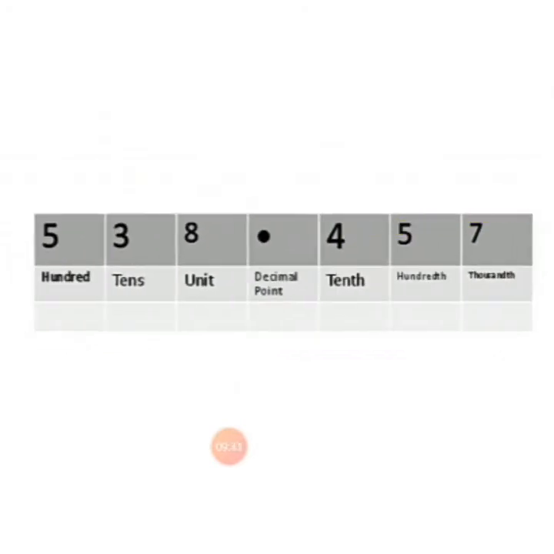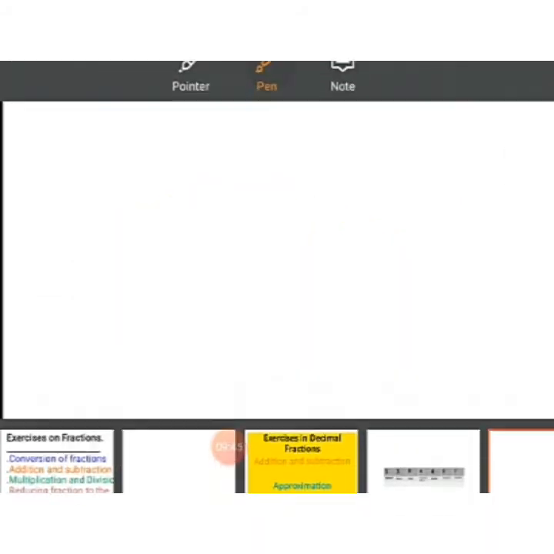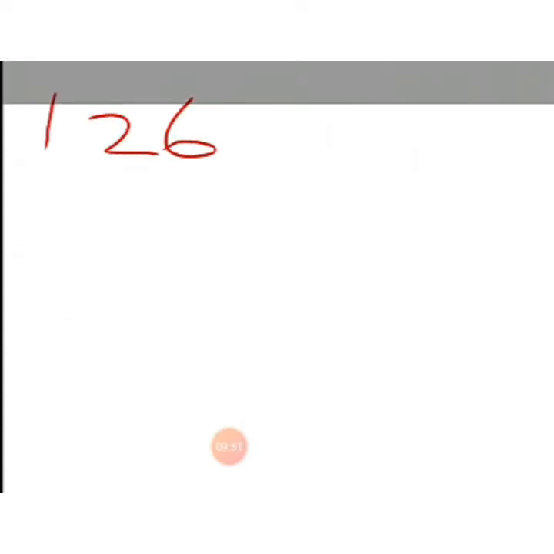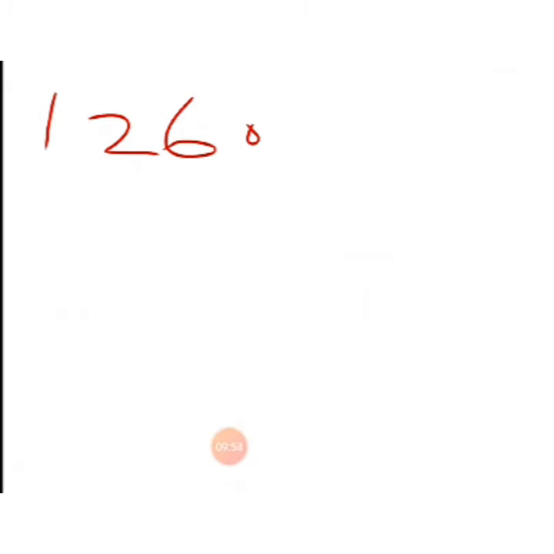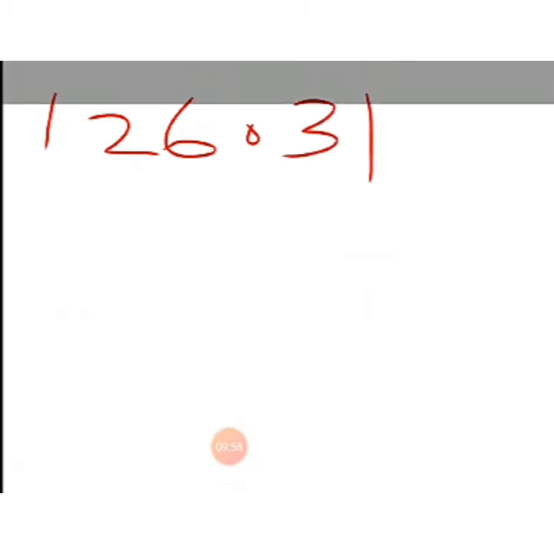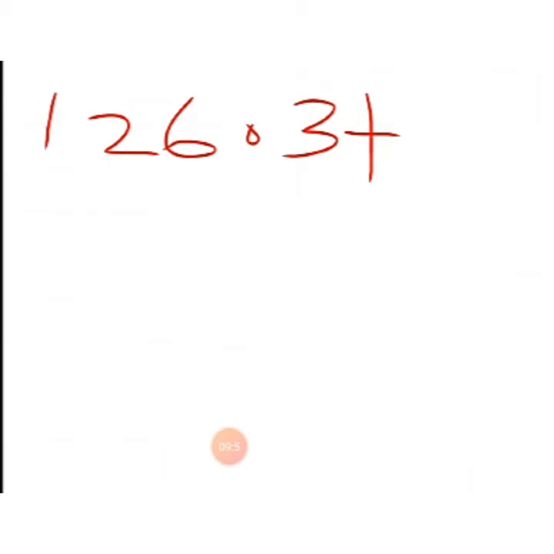Now let's do addition of decimal numbers. If you are asked, add 126.3 plus 26.12. You simply use this proper arrangement.